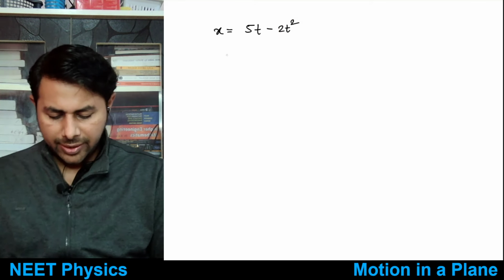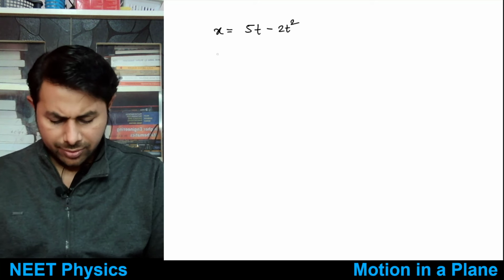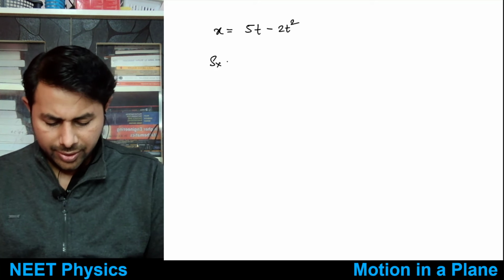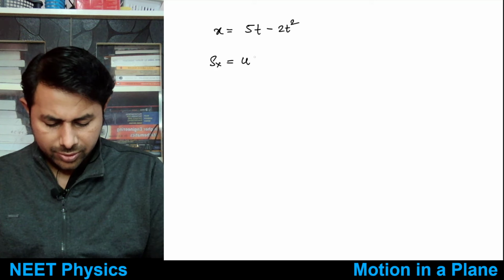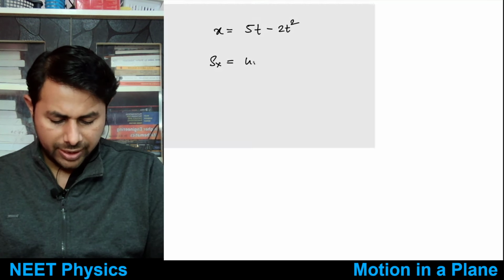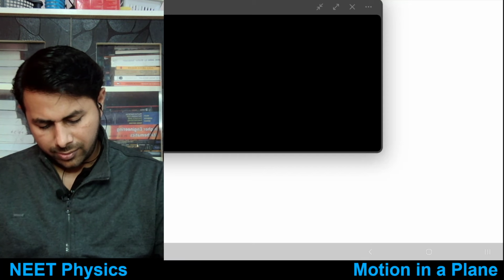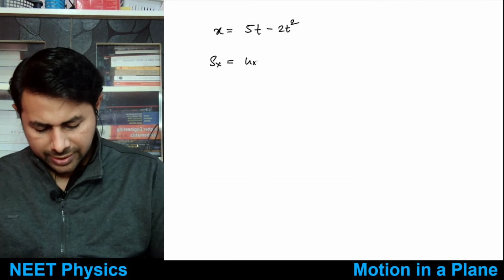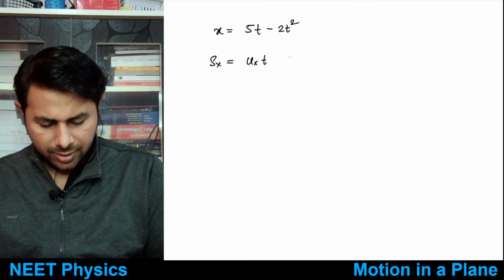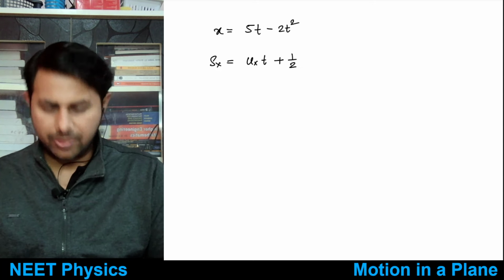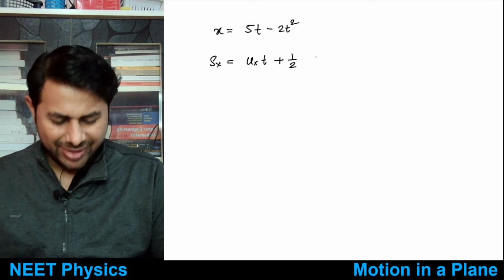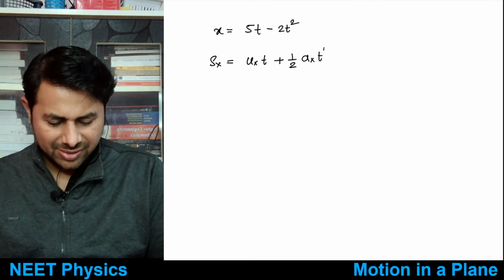And what to do then? Then you have sx equal to ux times t plus half of ax times t square.